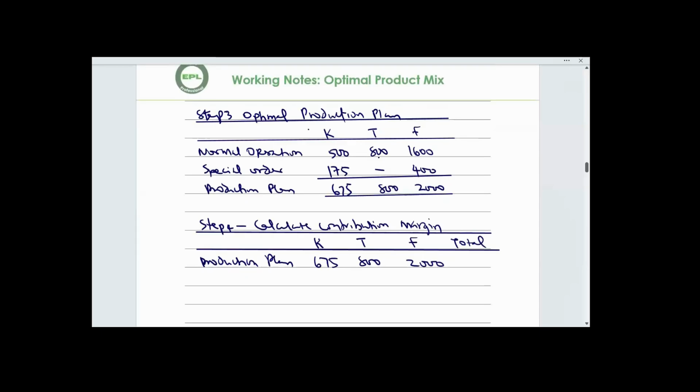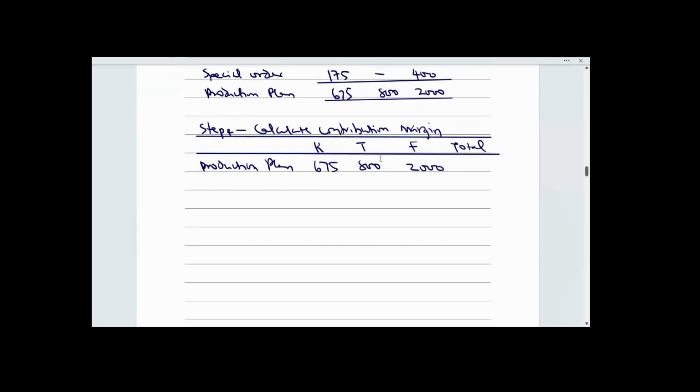Then, contribution per unit. Here is 580, 680, 880 naira. Then you multiply. This will give us total contribution.